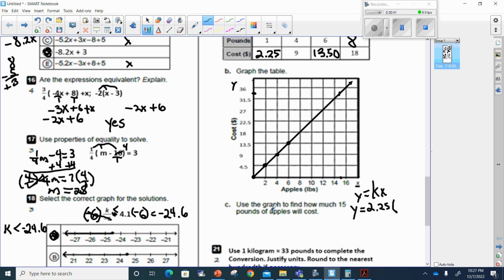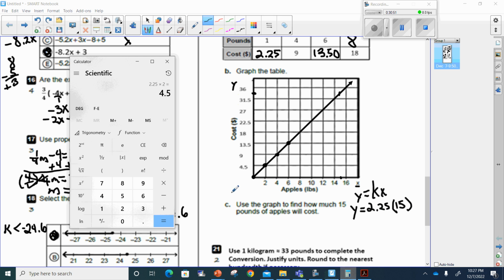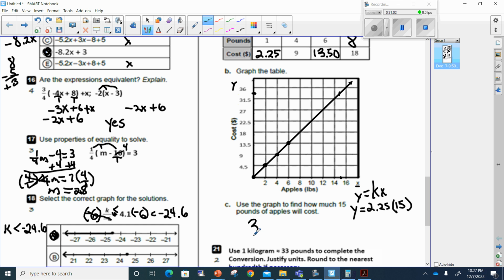It says how much is 15 pounds? The pounds are down here. So this is 15. And now I can say, what is 2.25 times 15? 2.25 times 15 is going to give me 33.75. So 15 pounds is going to cost me $33.75.